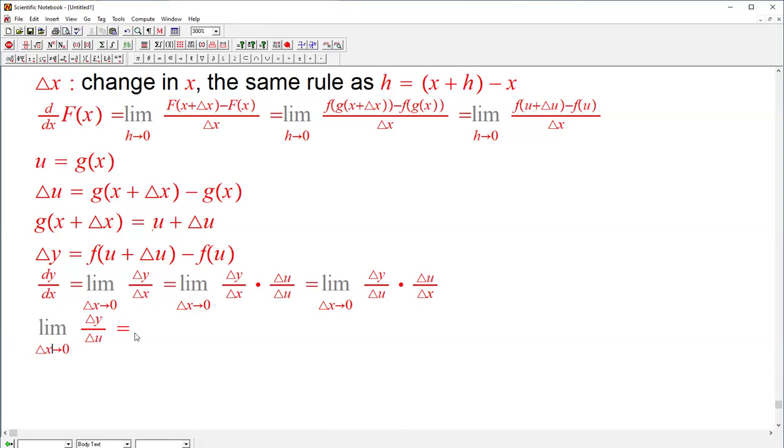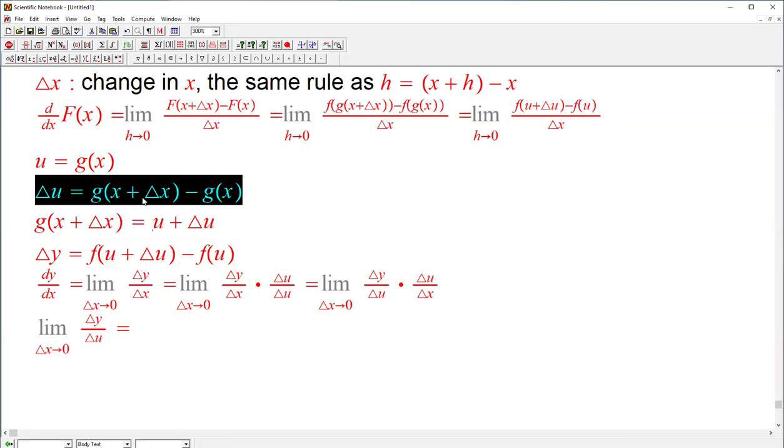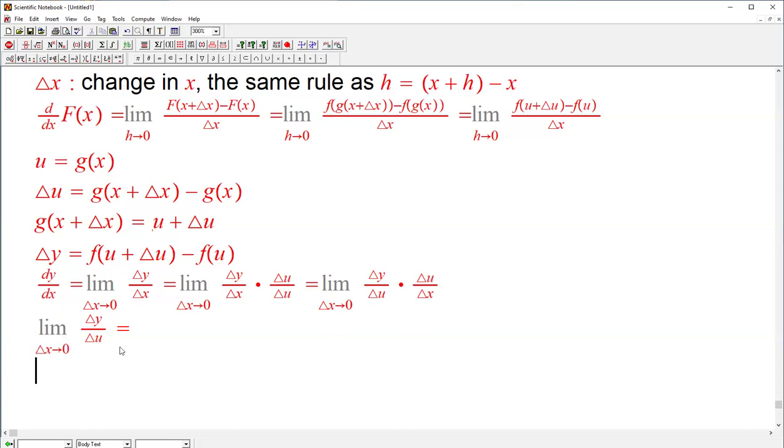If a function is differentiable, it is continuous. So when delta x is approaching 0, delta u is approaching 0. So in this proof, what is delta y and delta u? We're going to put them back in there.